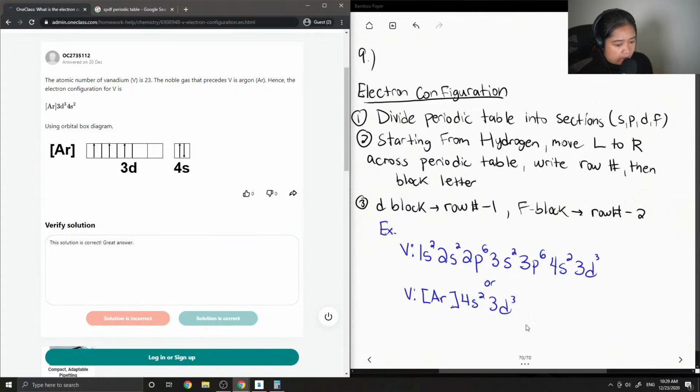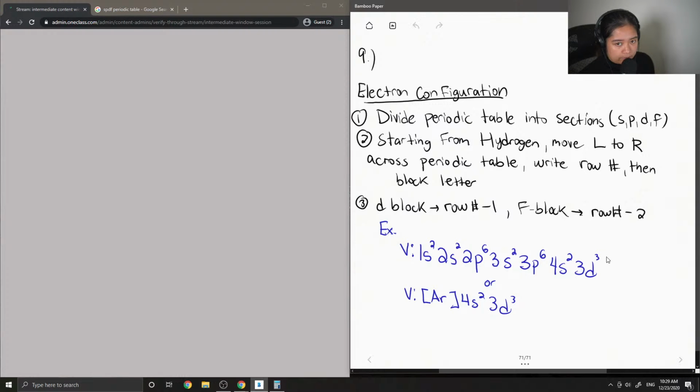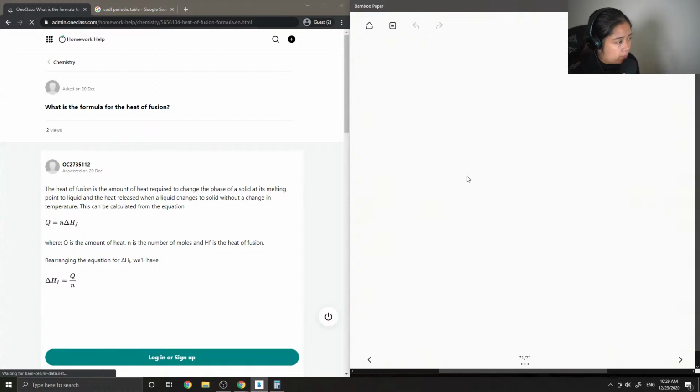Okay, so on to question number 10. What is the formula for the heat of fusion? Okay, so first let's define the heat of fusion.